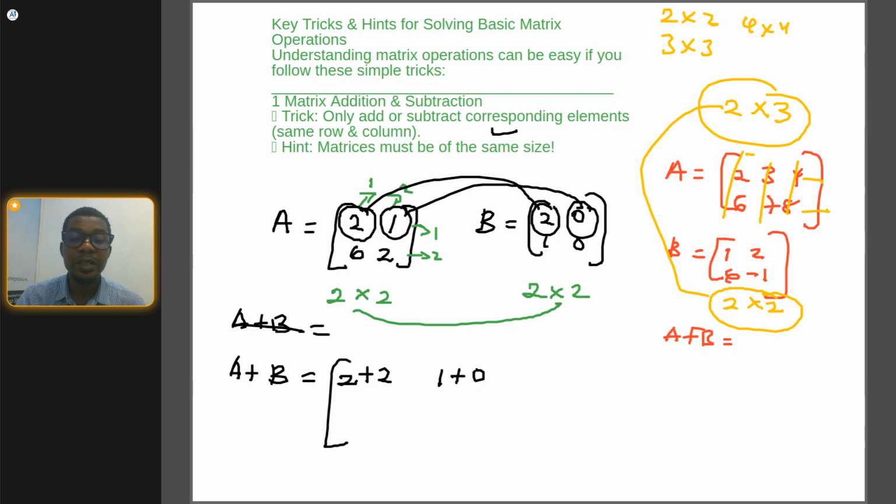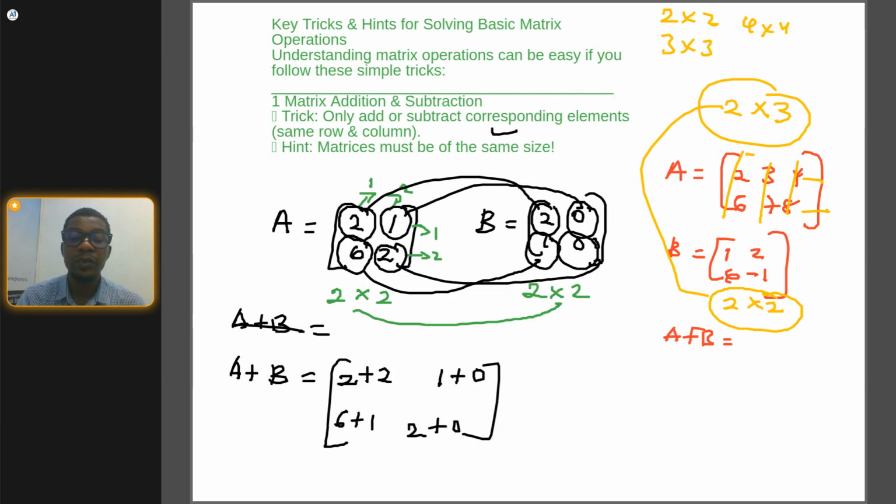Then 6 plus 1, and then 2 plus 0. When you simplify, 2 plus 2 is 4, 1 plus 0 is 1, 6 plus 1 is 7, 2 plus 0 is 2.